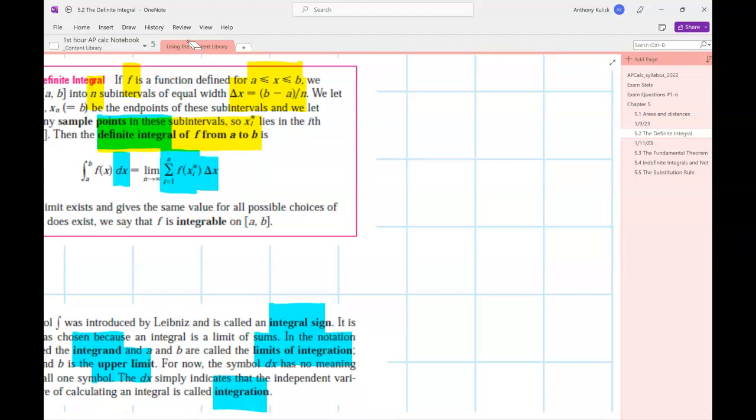Now, not all antiderivatives are going to be easy to calculate, but in the beginning they definitely will be. And as we go through the semester, we'll work out the techniques we need to deal with the harder ones. But not every function has an antiderivative, which is rough.